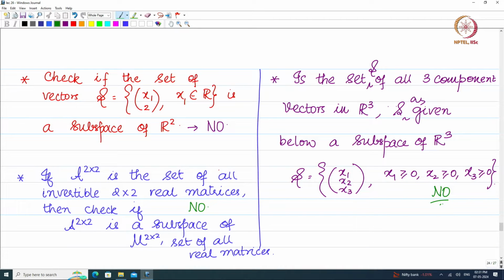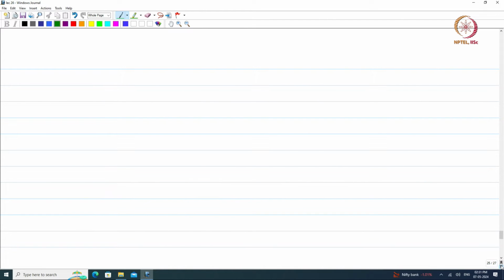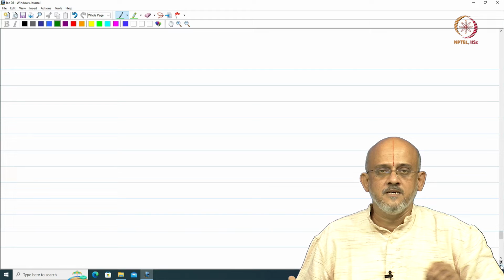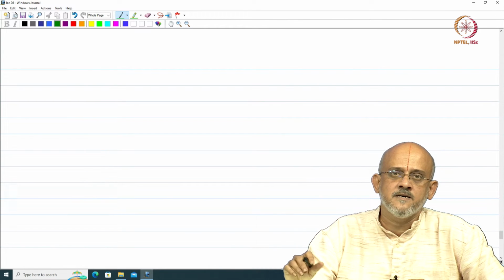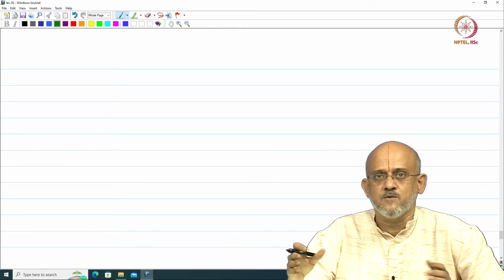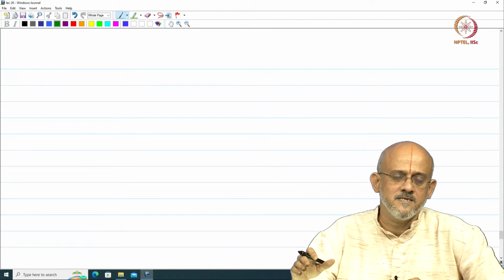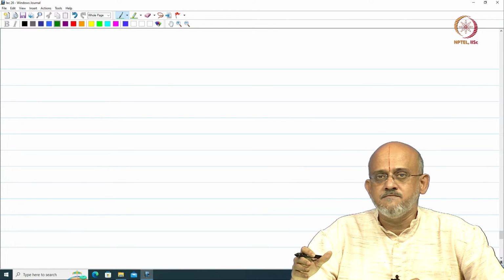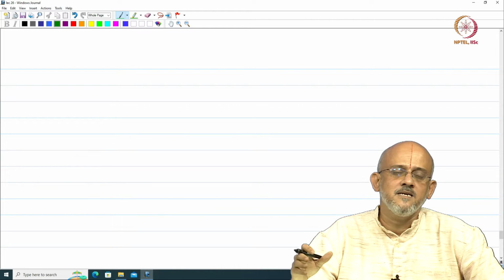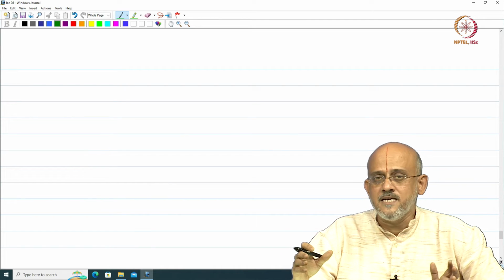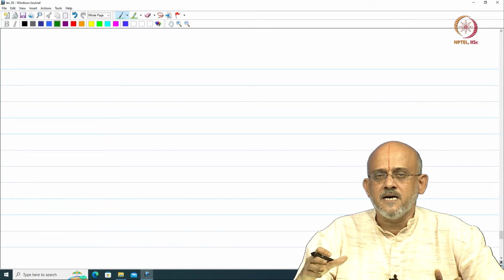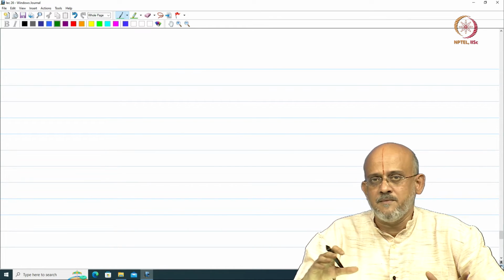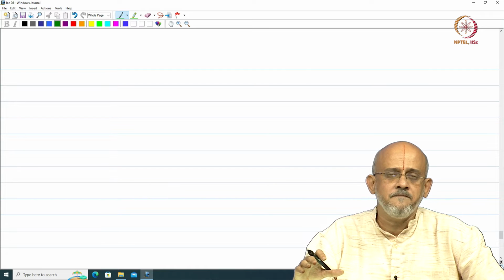So in today's class we are going to move ahead and look at the notion of linear combination of vectors, which we have already studied in 2 dimension and 3 dimension, but we want to generalize it to n dimension. We will look at what it means to say a linearly independent set of vectors in a higher dimension, and we will have a proper mathematical definition for the same.